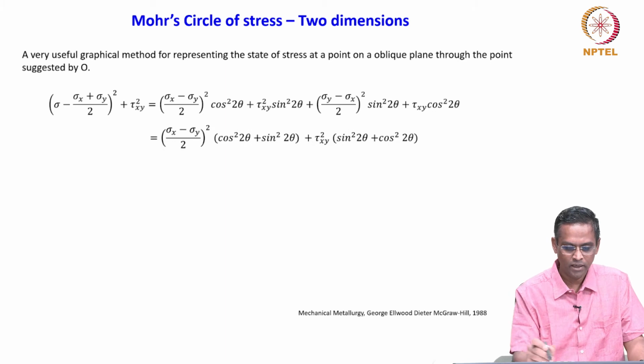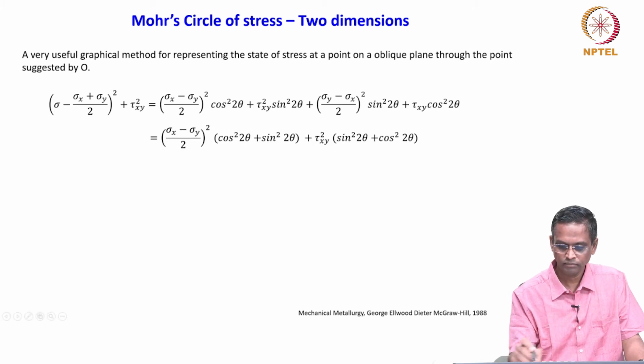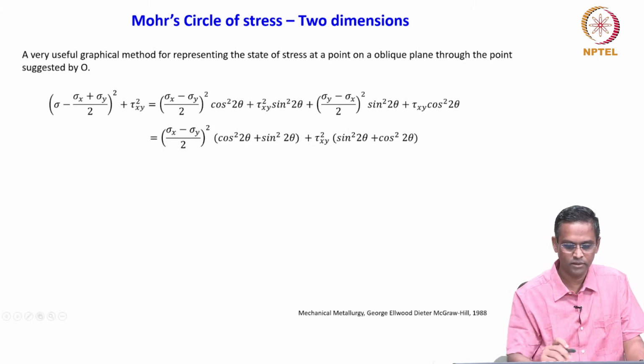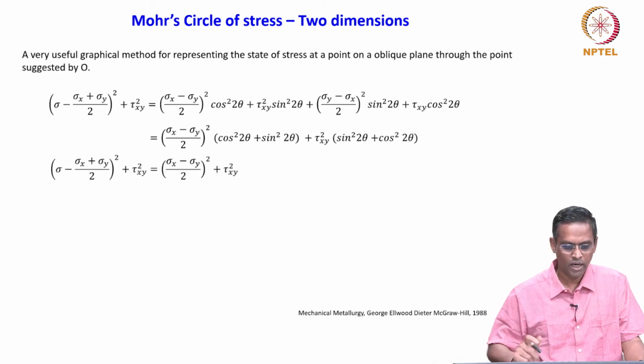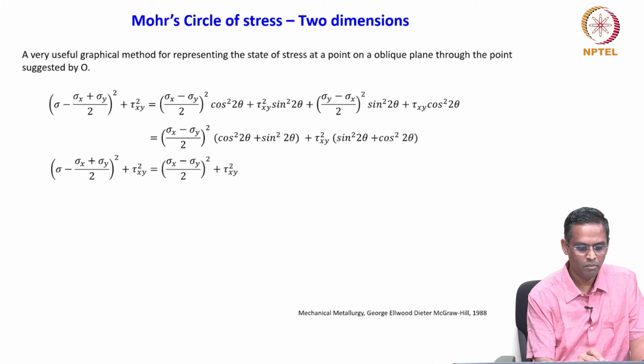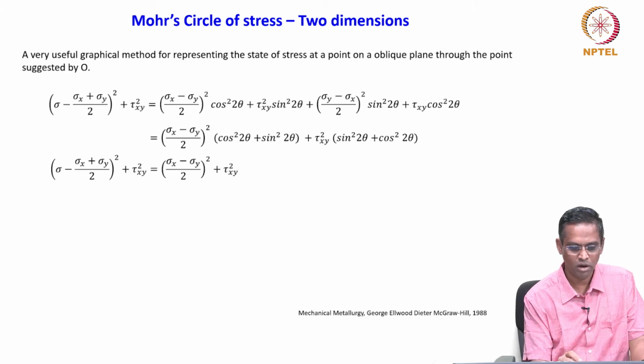So, this can be rewritten like this, a simple rearrangement, and finally you get sigma minus (sigma x plus sigma y) by 2 whole square plus tau xy square, which is equal to (sigma x minus sigma y) by 2 whole square plus tau xy square.